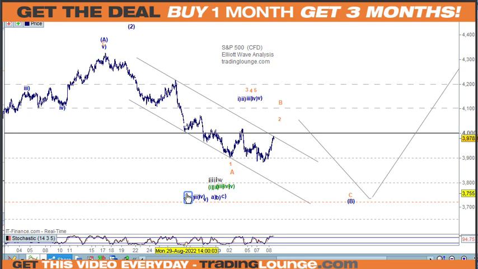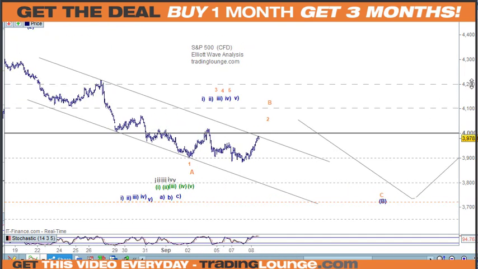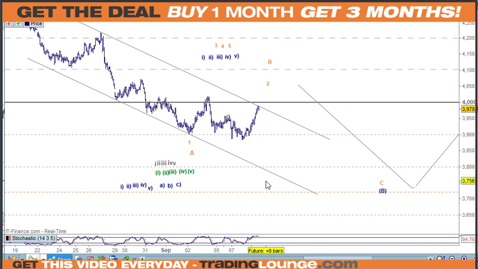So that's the strategy. Then the thing is to figure out what this is all about, because we could look at this as an A wave here, a B wave here, and a C wave up here. But we can also look at this as wave 4 here, and we're looking down for wave 5 here.